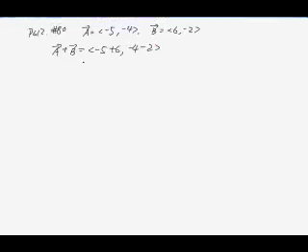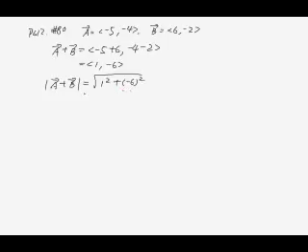Then we simplify, we get 1 and negative 6. So now we can find the magnitude of this resultant, this sum. This is equal to square root of 1 squared plus negative 6 squared, which is 1 plus 36, and this is equal to square root of 37.